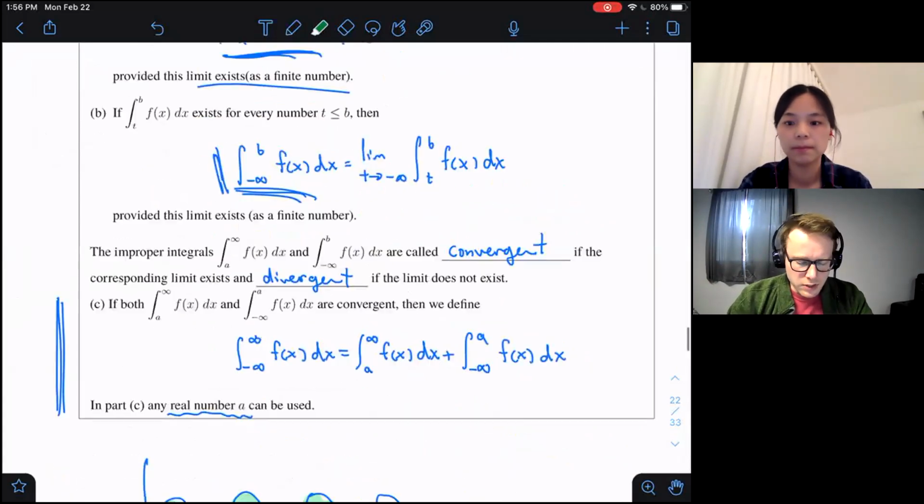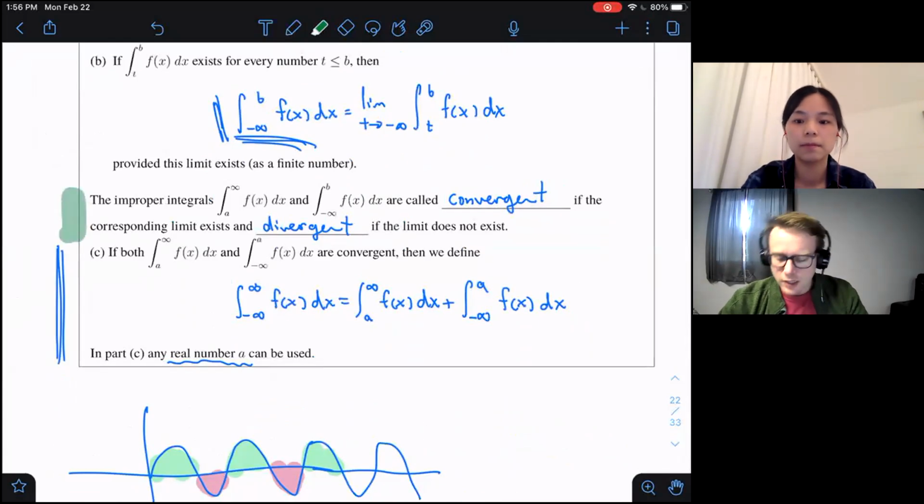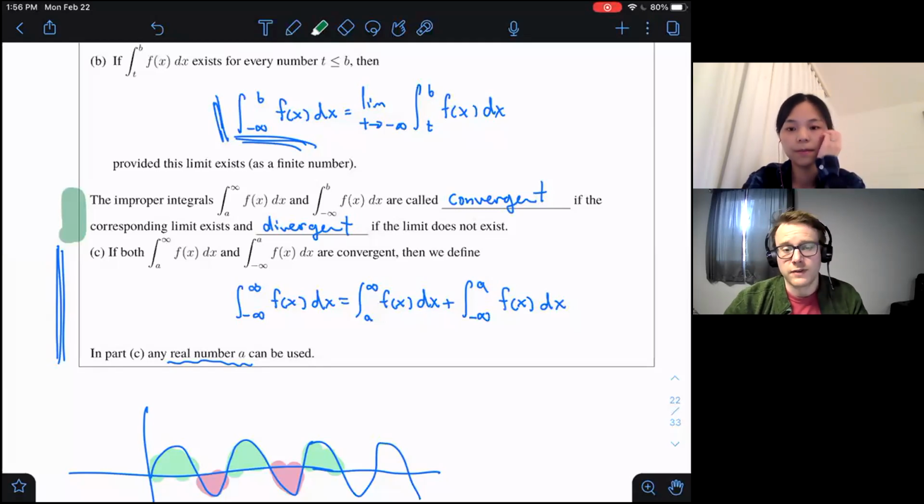When we use this language, convergent means that the limit exists, that it goes to some real finite number. And if it doesn't, then we say that it's divergent. In many cases that we'll see, we'll say that it diverges towards infinity, that it gets very, very large, and that's why it doesn't converge. Or sometimes it diverges towards negative infinity.